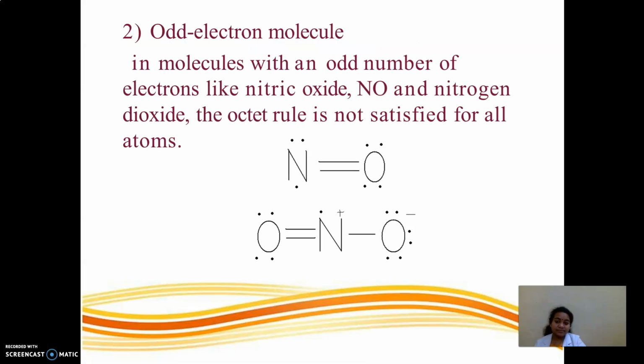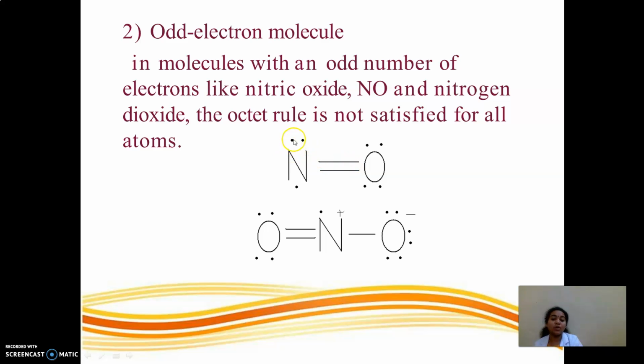The second case is the odd electron molecule. For example, NO and NO2. If you check the number of electrons in nitrogen, that is 1, 2, 3. There are only 3 electrons in nitrogen, even though it is highly stable. But in the case of oxygen, 1, 2, 3, 4, 5, 6, 7, 8.